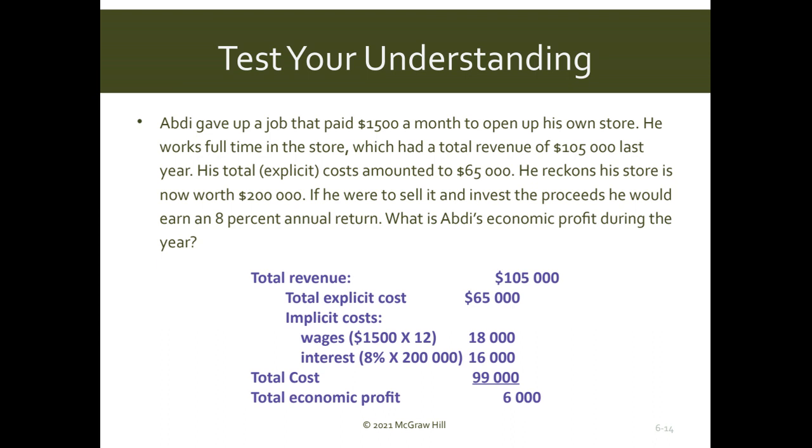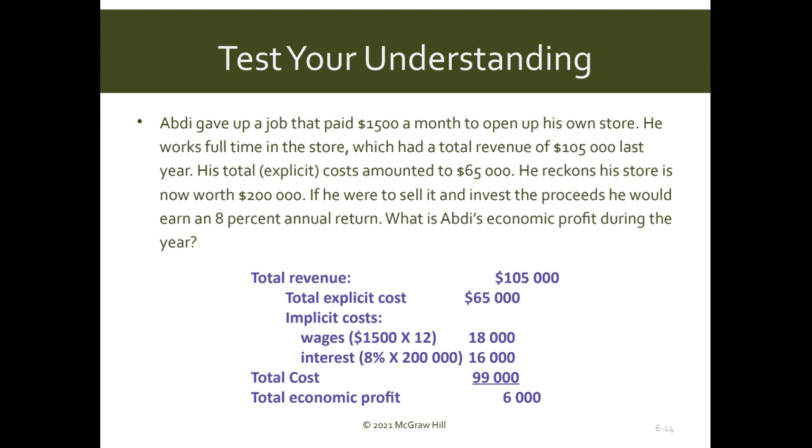So when you add all costs, explicit and implicit together, your total cost would be $99,000. So your total economic profit would be $6,000. What is your accounting profit? It's simple. Although it's not shown here, you can easily calculate accounting profit like this.